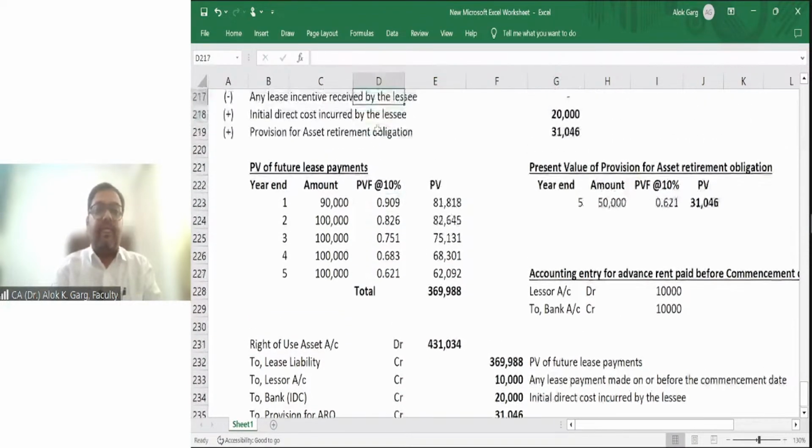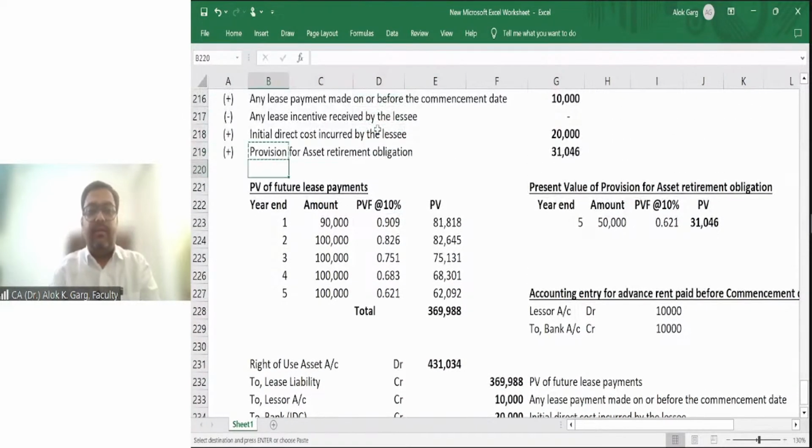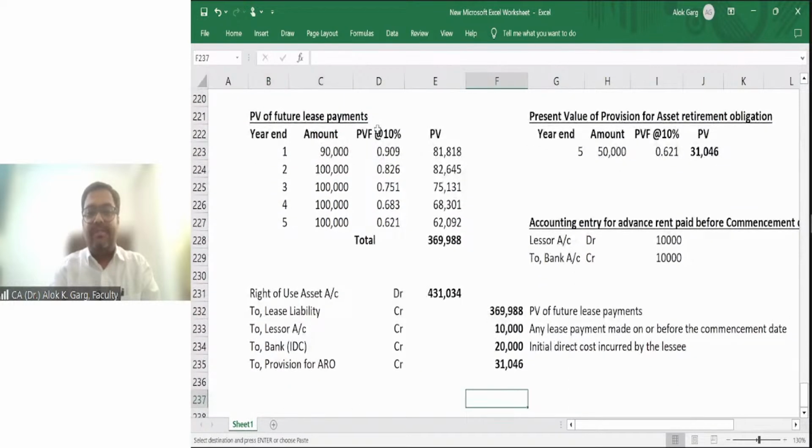I believe after this example, the calculation concept of right of use asset is clear to all of you.